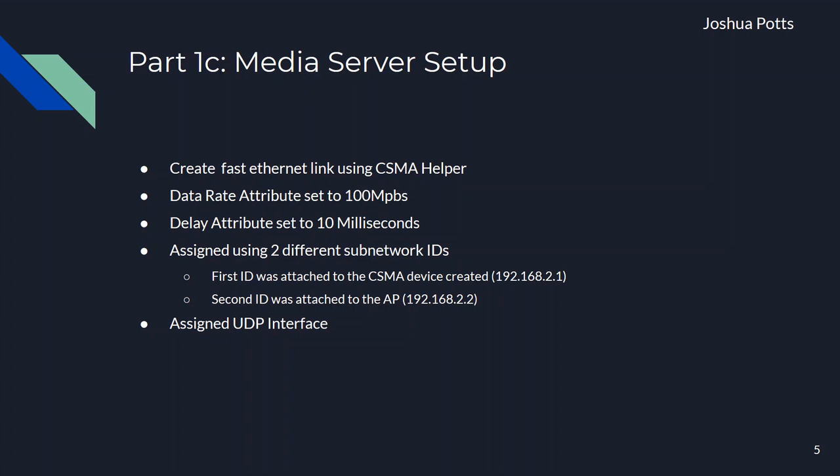The first ID was attached to the CSMA device. The second ID was then attached to the access point. This ensured that as the packets were received, it would continue on to the server. Finally, after setting up these IDs, we assigned a UDP interface to the server, which Eric will explain why we did that.